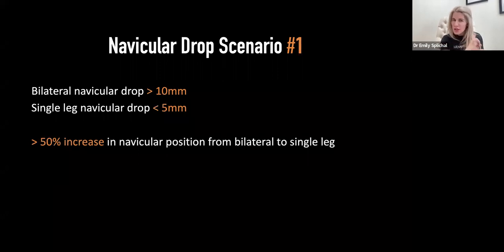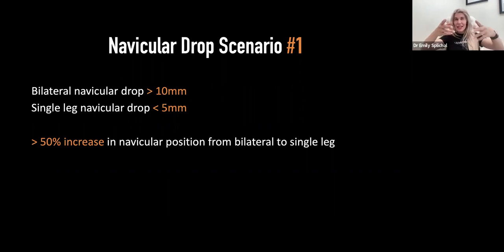So it's not just the number of how much it dropped, but how much it changed from 2 feet to 1 foot. When you go from a bilateral stance to a single leg stance, I want your navicular to lift. And what I'm looking for is a lift that is at least 50% of where it was when you were on 2 feet.